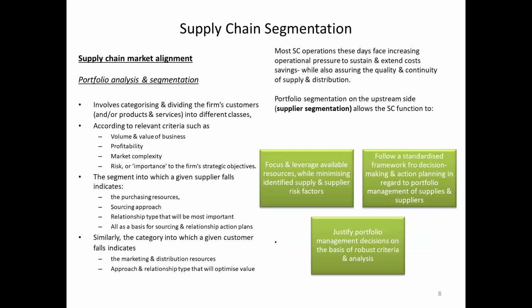Supply chain segmentation. Well, we can do it by volume, value, profitability, complexity, risk. Kraljic matrix, in other words, Pareto. We could do it by number of purchases, volume of purchases, etc. So there are 3 or 4 ways of segmenting supply chains.